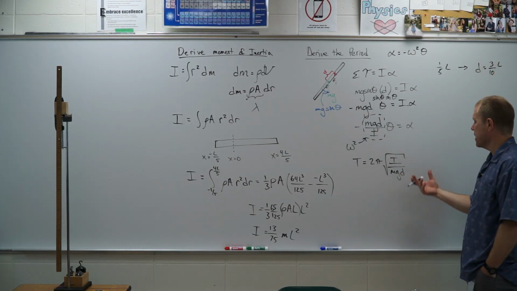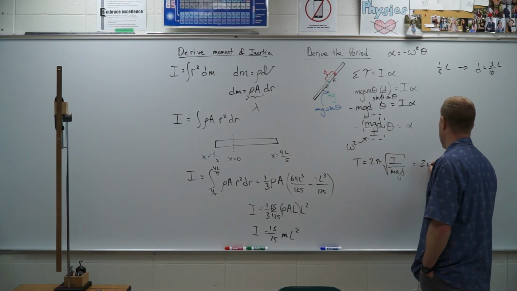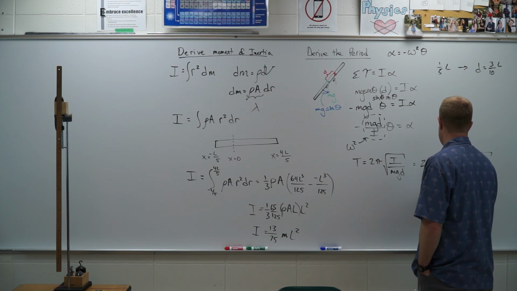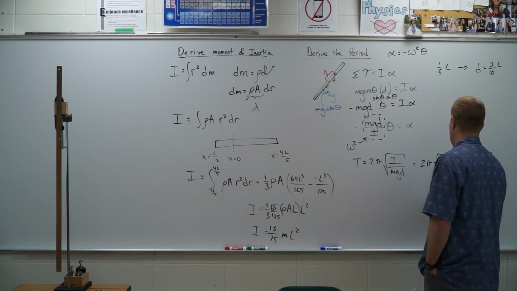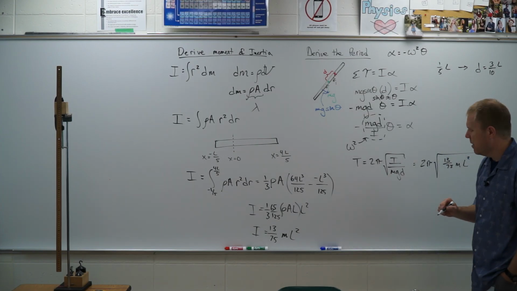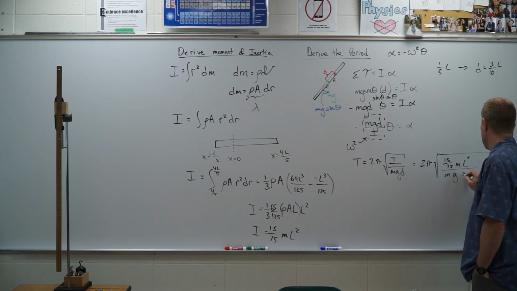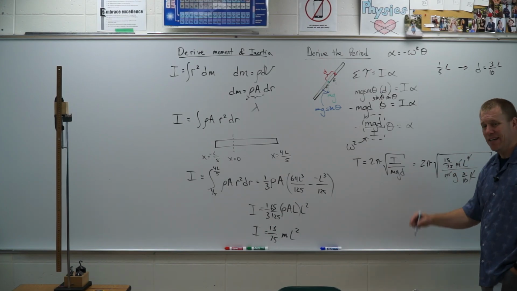Now I can plug in some information and see what we get. I have 2 pi times the square root of 13/75 ml squared, and remember that L is just going to be a 1, divided by mg times d, which is 3/10 L. The m cancels out, so I didn't even need to know the mass.